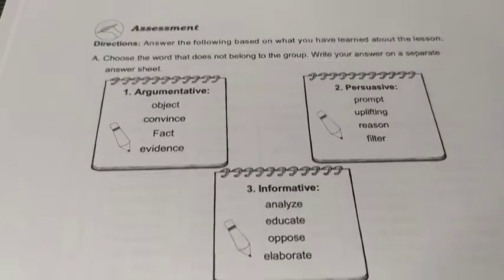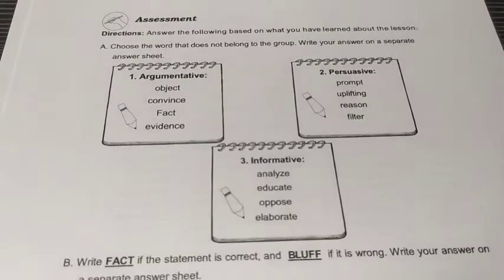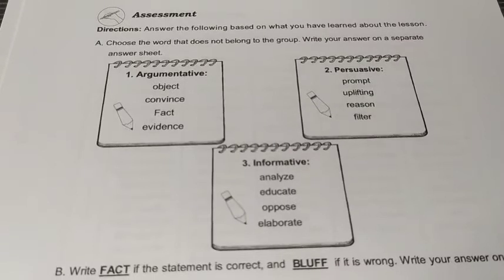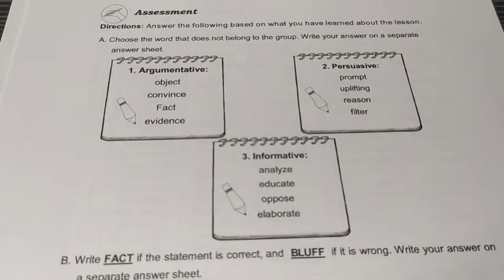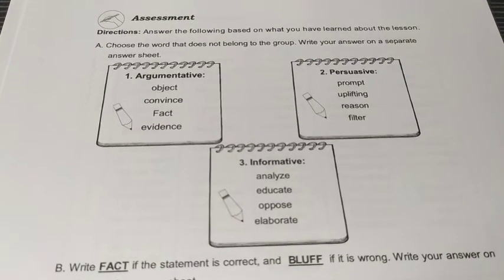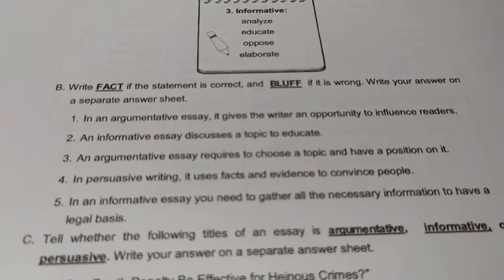So assessment: choose the word that does not belong to the group. So in argumentative, among those four, in persuasive, among those four, in informative, what does not belong? So numbers 1 to 5, fact or bluff. When we say fact, it is true.